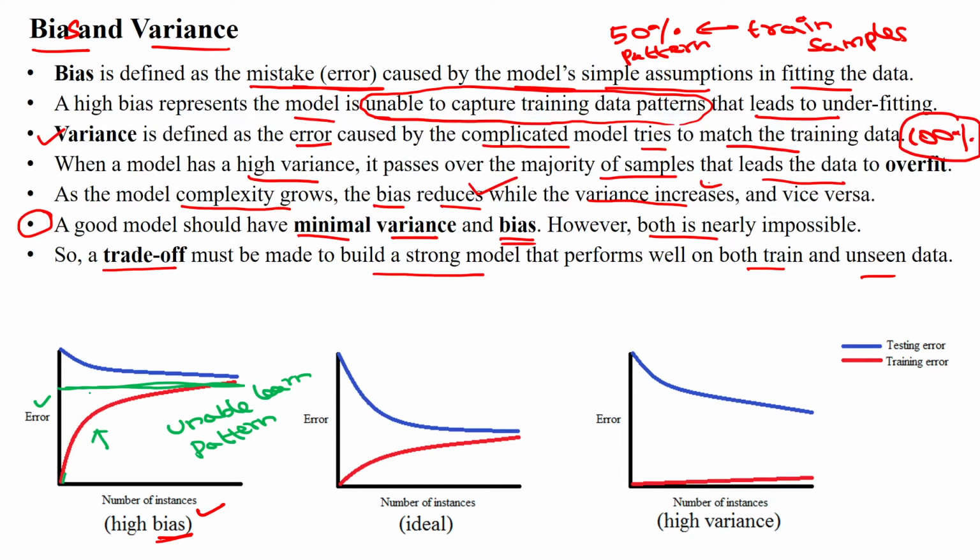Due to that, the testing data is also not predicted perfectly, and here also we are getting more error for testing samples. From this, what you can observe is that training accuracy is less and testing accuracy is also less. That is the problem with bias.